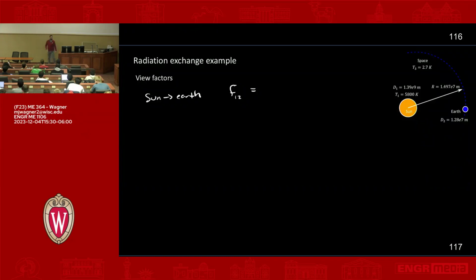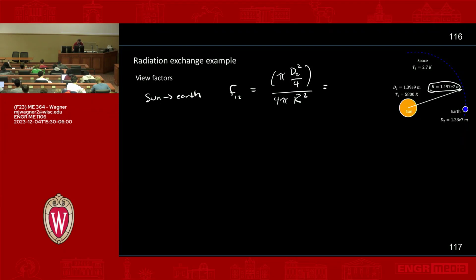All right, so all we need to do is calculate that projected area and then divide it by the total area of the sphere, and that's our view factor. So we can do that. That is pi times d2 squared over 4, over 4 times pi times, we'll call this distance, R, 4 pi R squared.